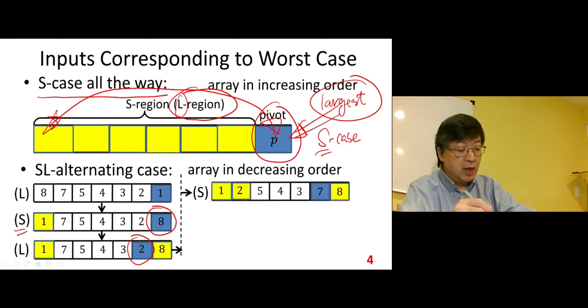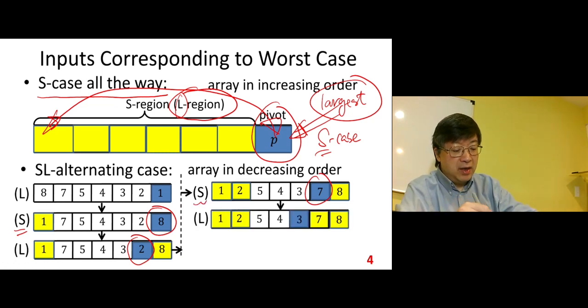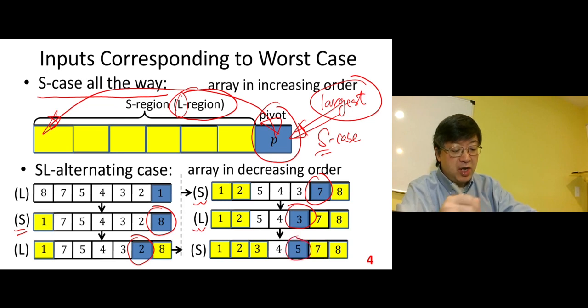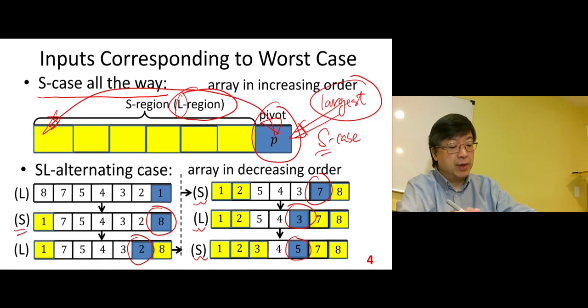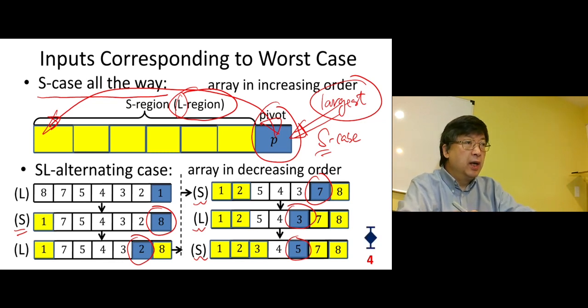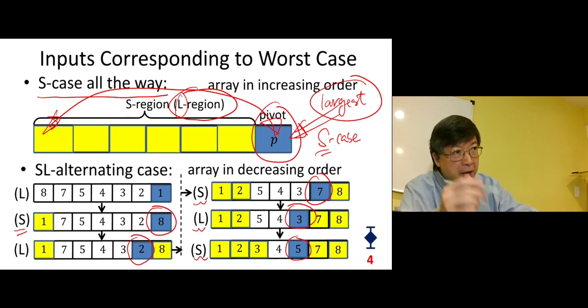Next time, largest element as the pivot, we have an S case. The smallest element, pivot, L case. The largest element, the pivot, S case. So you can see the alternating. That's what we usually have for the worst case. All right. Next, let us look at the best case analysis.